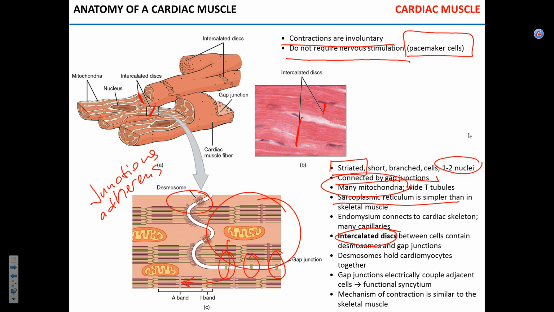Of course, since cardiac muscle is red due to the mitochondria and carries out oxidative respiration, it requires an extensive blood supply. So cardiac muscle will contain a lot of mitochondria. We're clear.